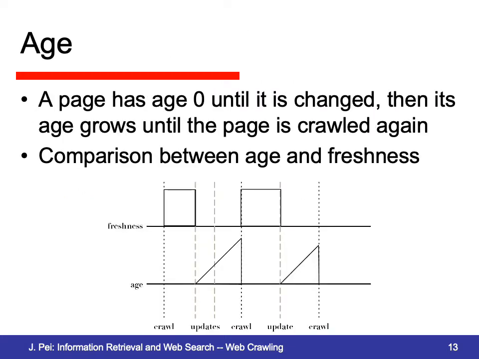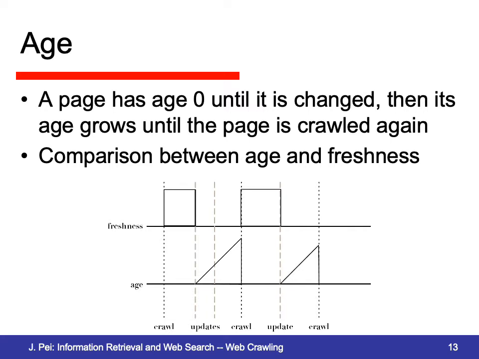In practice, many search engines use a slightly different but much more effective measure to measure the freshness of web pages. This is age. A page has age 0 until it is changed. Then its age grows until the page is crawled again.